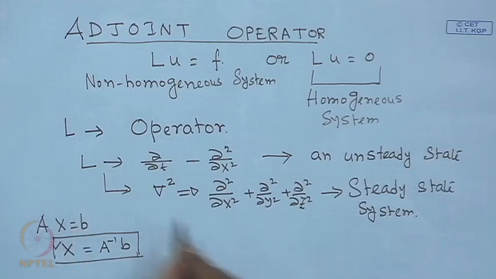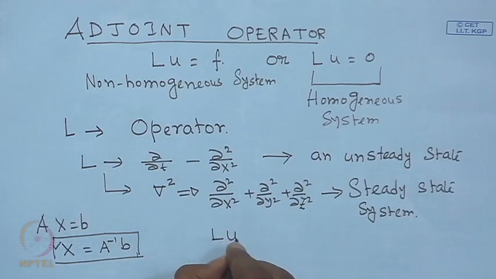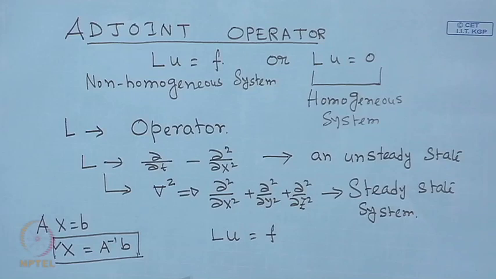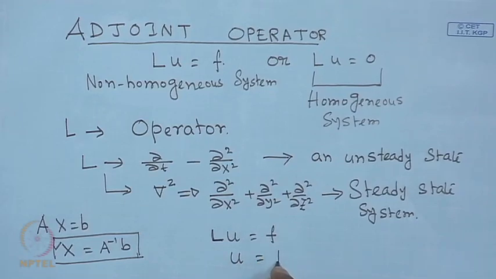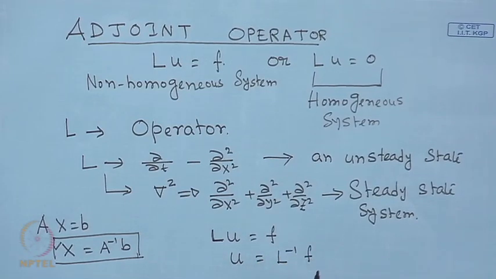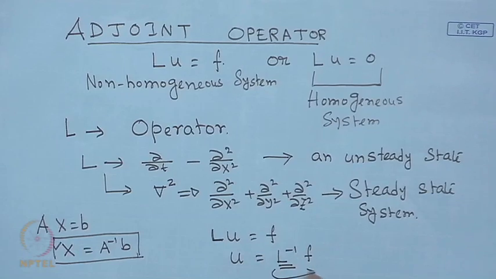Similarly, in case of the continuous domain, L u is equal to F. So, u is the solution, L is the operator, F is the non-homogeneous term. So, what is the solution? The solution is obtained by L inverse F. Now, this L inverse in most of the cases can be identically used for adjoint.